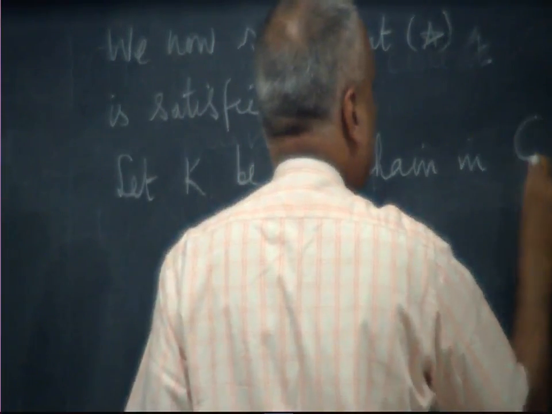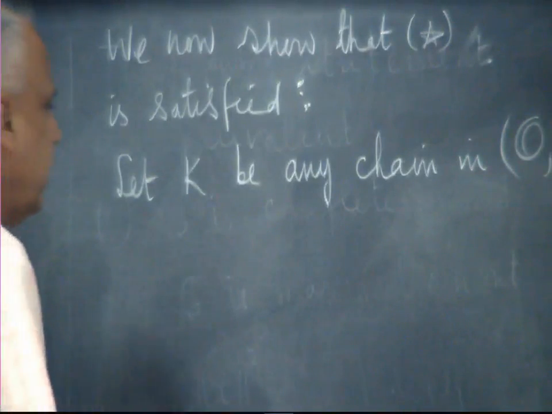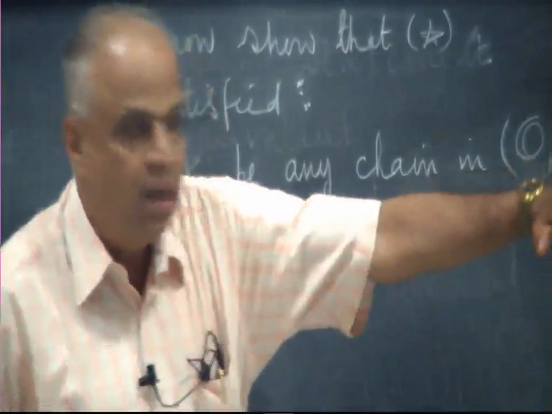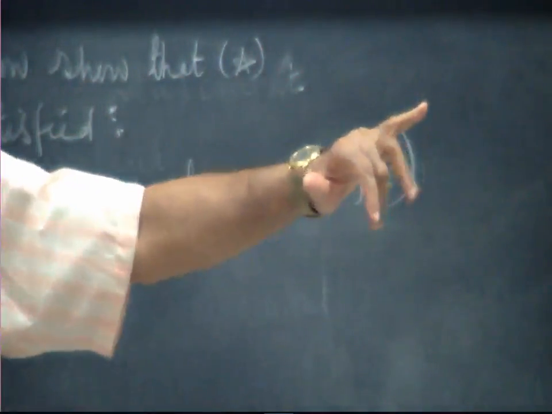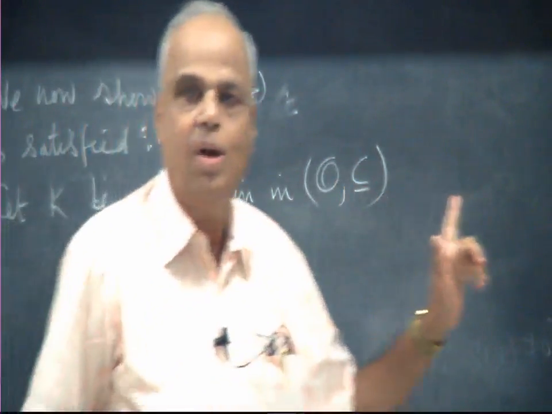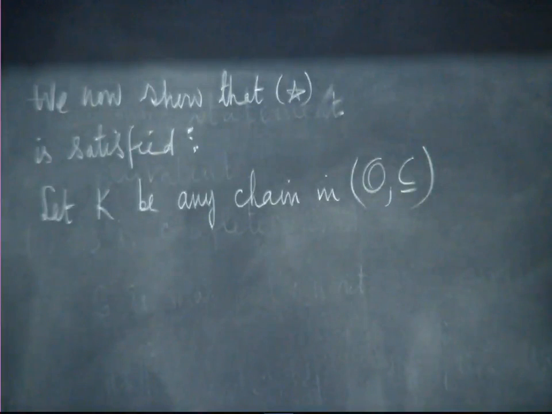In this partially ordered set, again, let us recollect what is meant by any chain. First of all, it is a subset of O. O itself is a collection of orthonormal sets. So, every element of K is an orthonormal set in the inner product space.